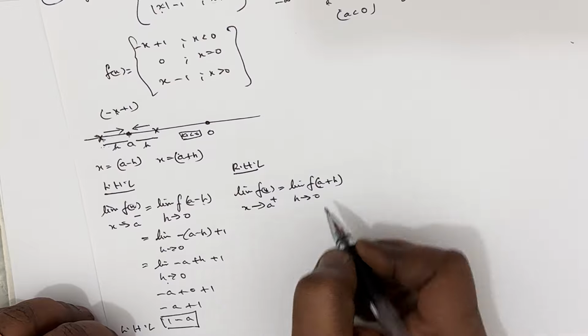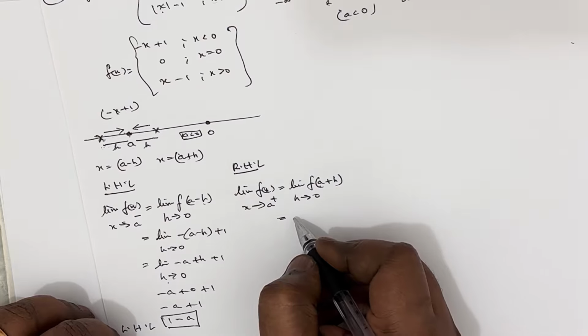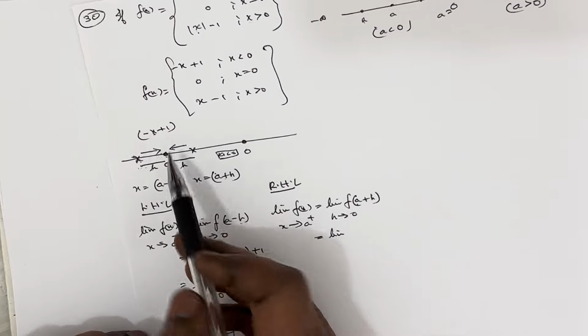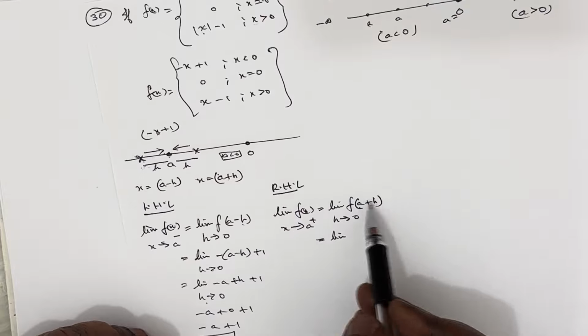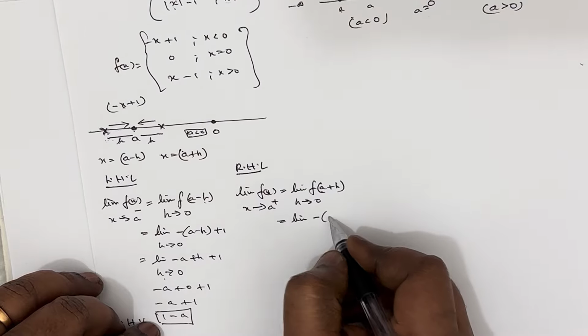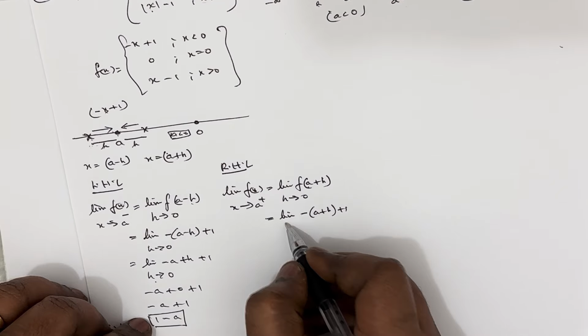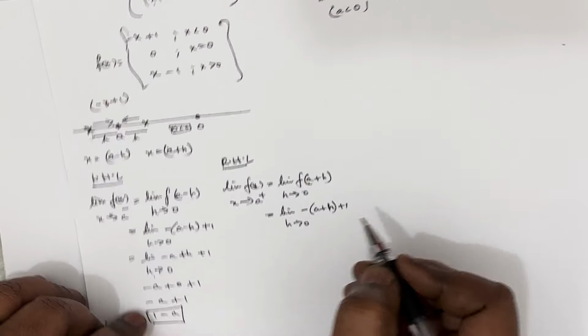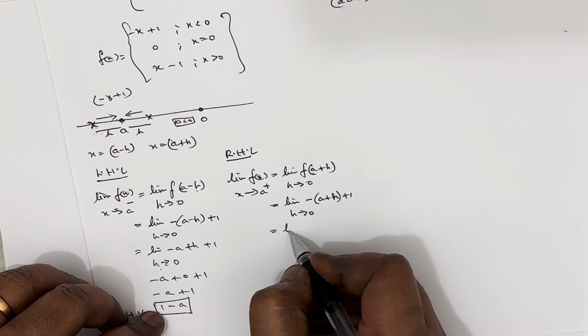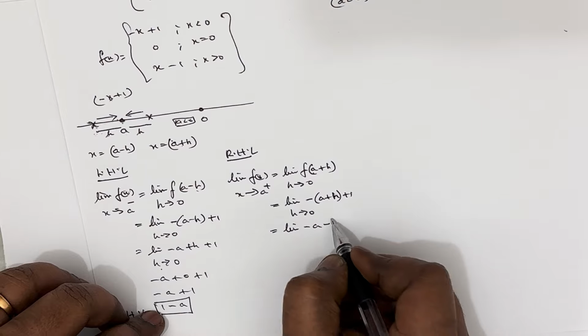Replacing x in the function with a plus h, we get minus of a plus h plus 1, as h tends to 0, which is equal to limit of minus a minus h plus 1.